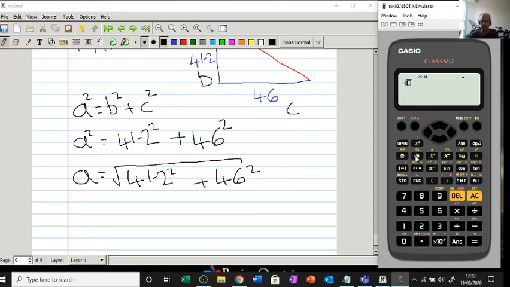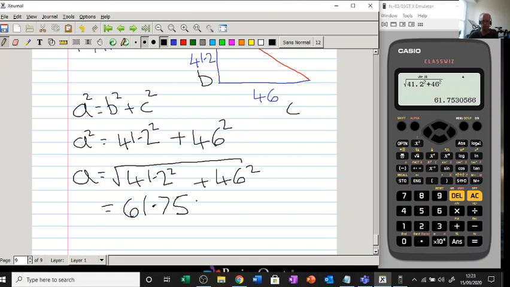So on your calculator, you can now do this: square root of 41.2 squared plus 46 squared equals 61.75 newtons.